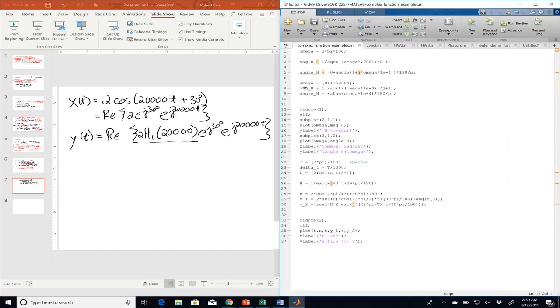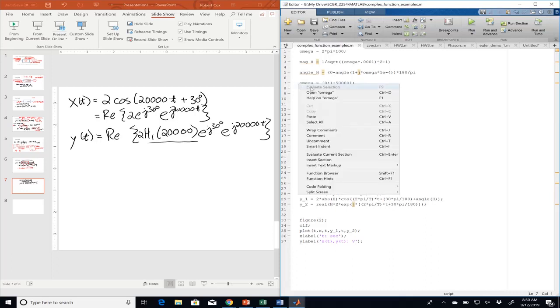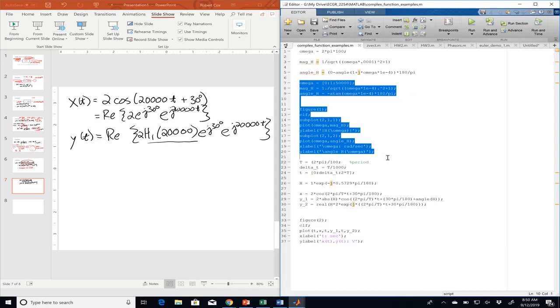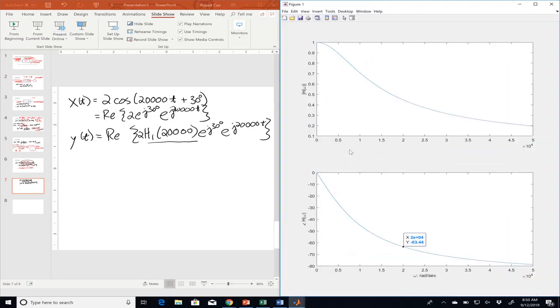Here's the code that I use to generate the graph of the magnitude and the angle versus frequency. I'm going to evaluate those real quick. So I highlight it, and then I do evaluate selection, and there it is.